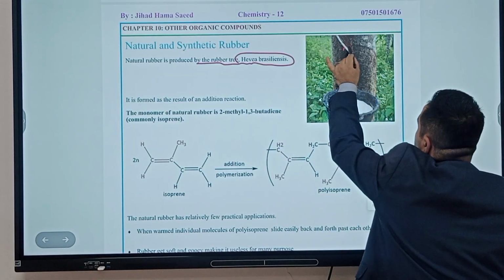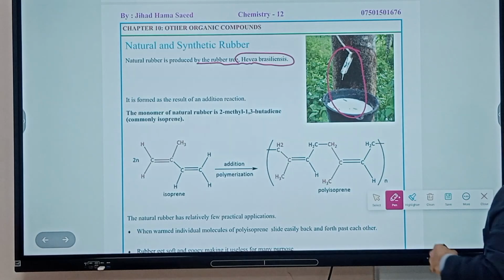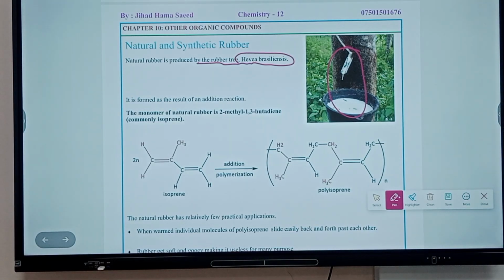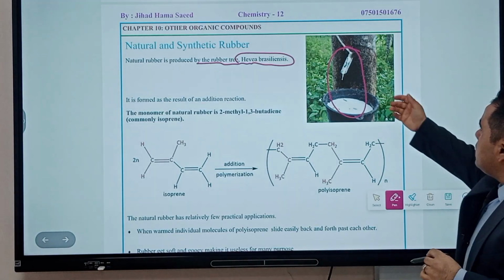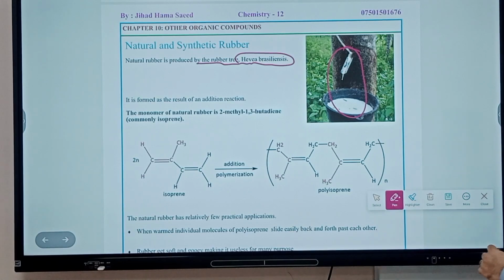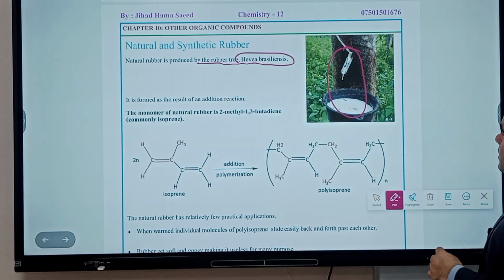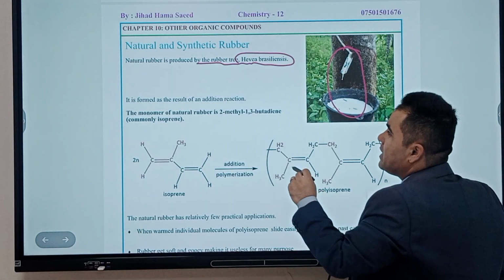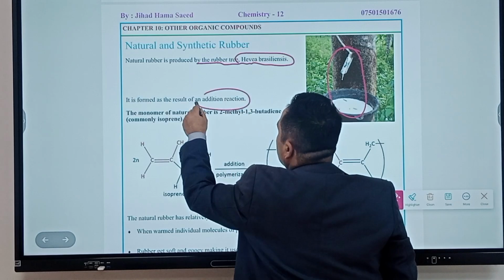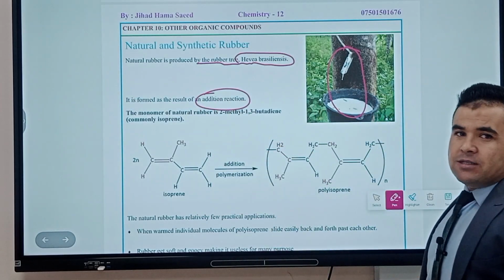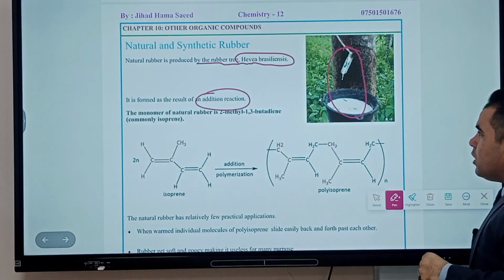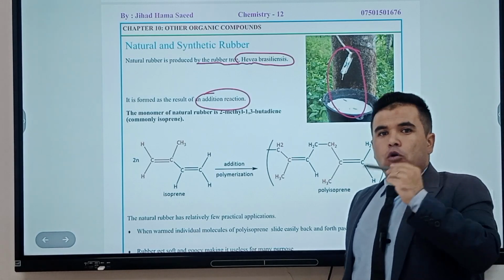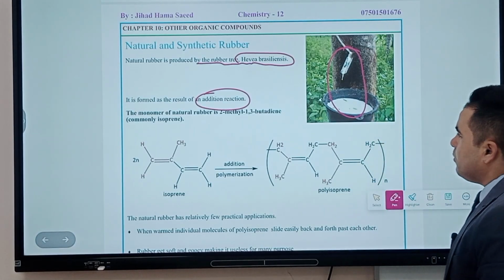This is the figure which represents the natural rubber produced by this tree. It's formed as the result of an addition reaction, which makes the unsaturated molecule become more saturated.